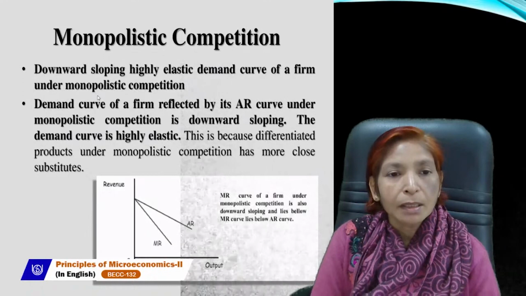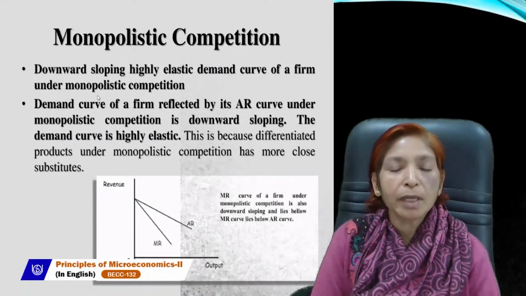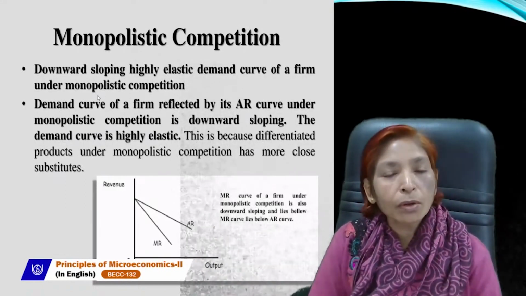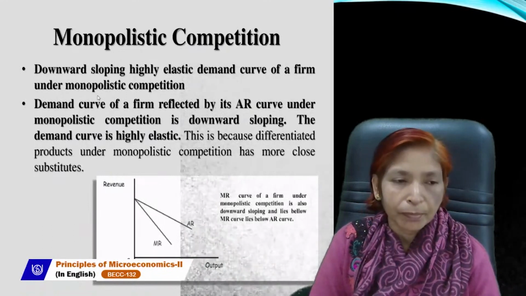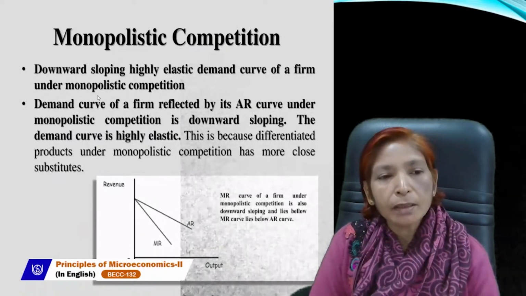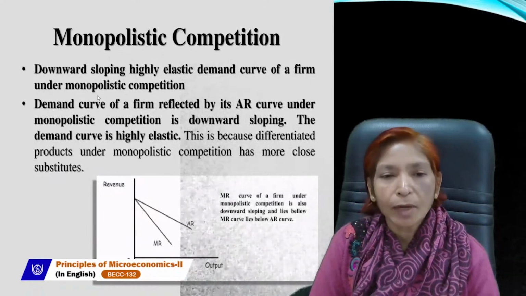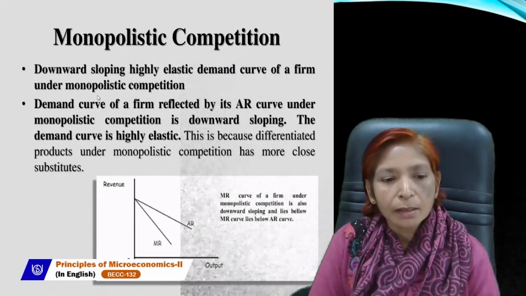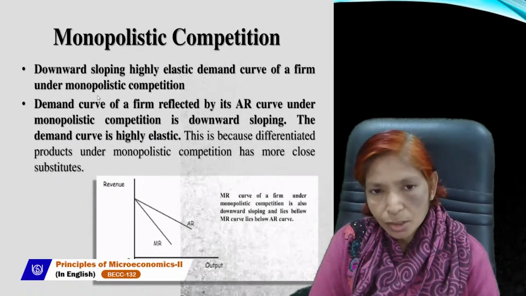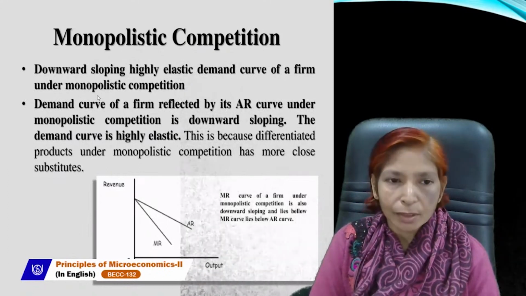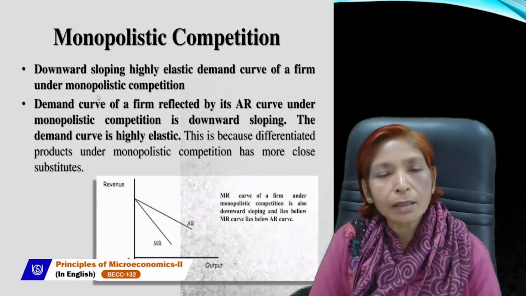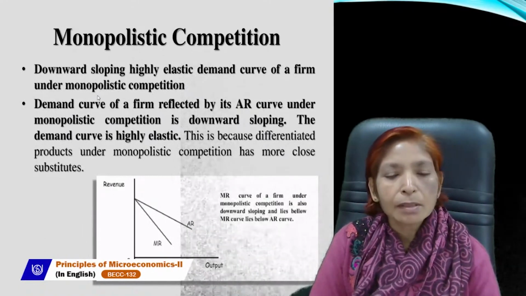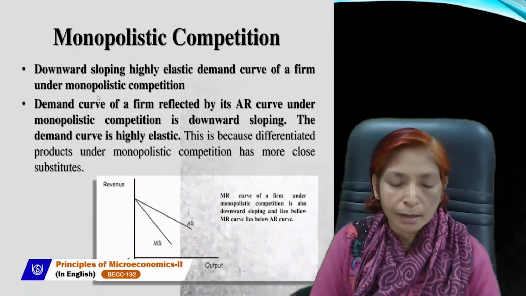But in a monopolistic competition market, so many close substitutes are available. When there are so many close substitutes in the market, consumers' demand can change and shift. So demand is highly elastic under a monopolistic competition market. That's why the demand curve is highly elastic.